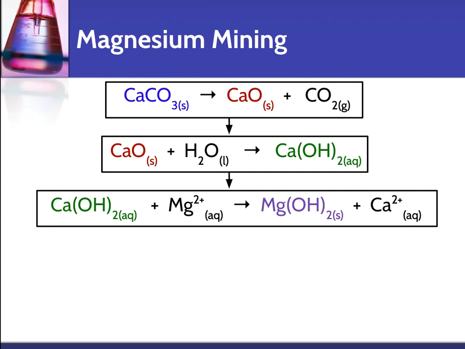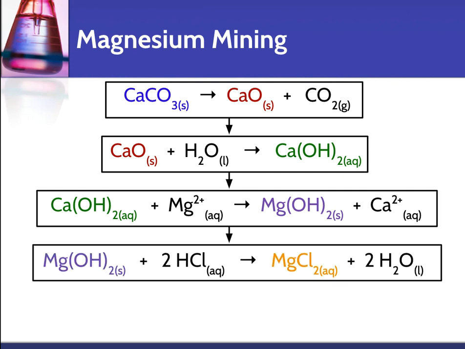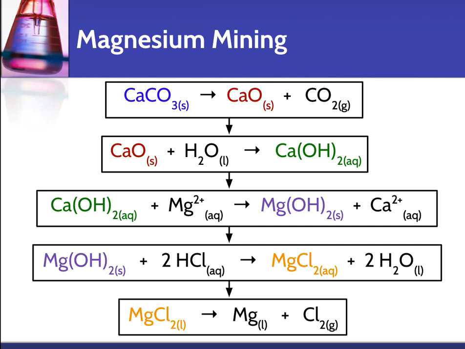The magnesium hydroxide is then neutralized by reacting it with hydrochloric acid to make magnesium chloride and water. And then finally, that magnesium chloride is dried and liquefied, and then a process of electrolysis, which is a decomposition, breaks it down into pure magnesium and chlorine gas.